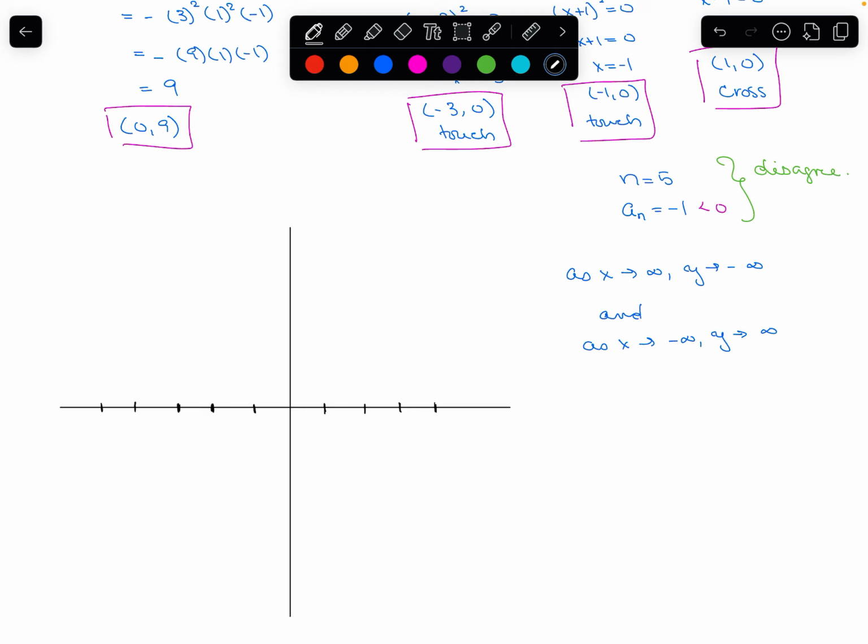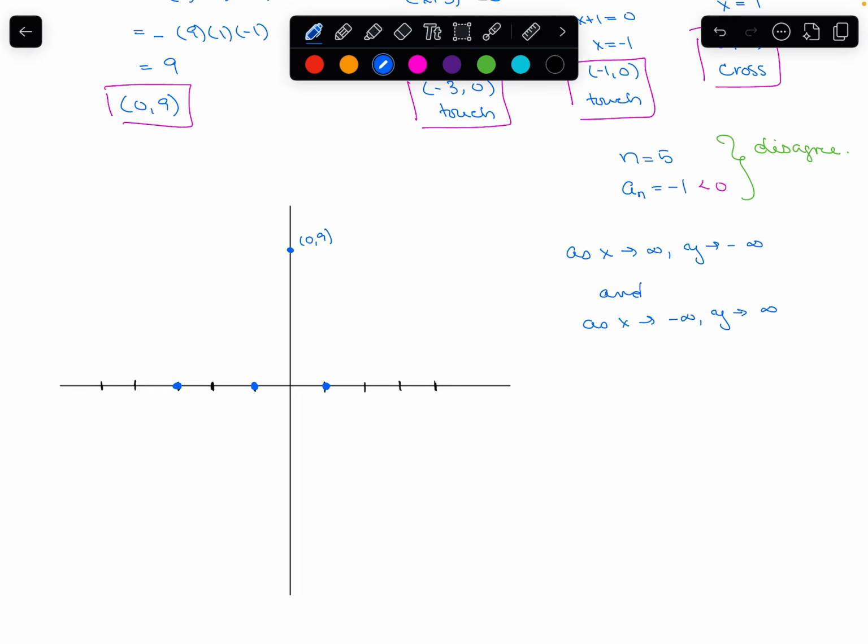So -3, 0, about right there. Negative 1, 0 is there. 1, 0 we have there. And then 0, 9. Again, once it's labeled, it's true. So make sure to label everything at the end.